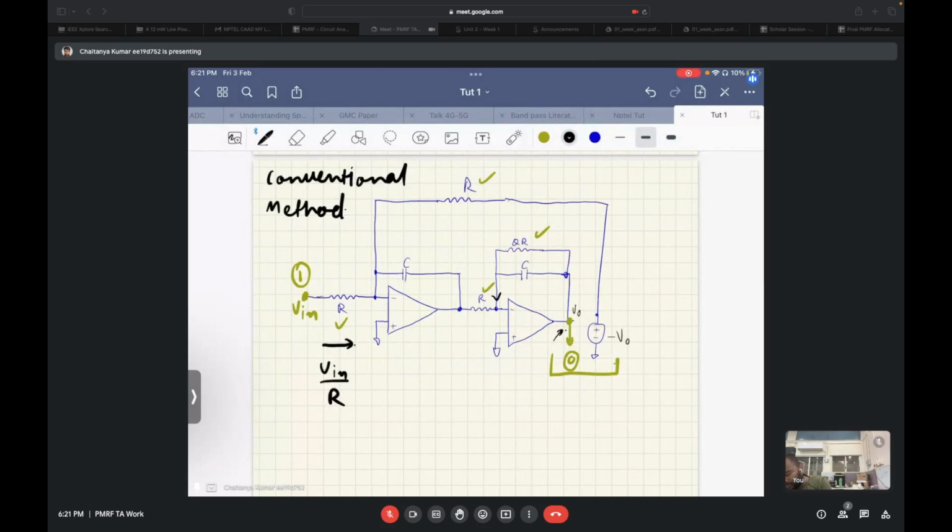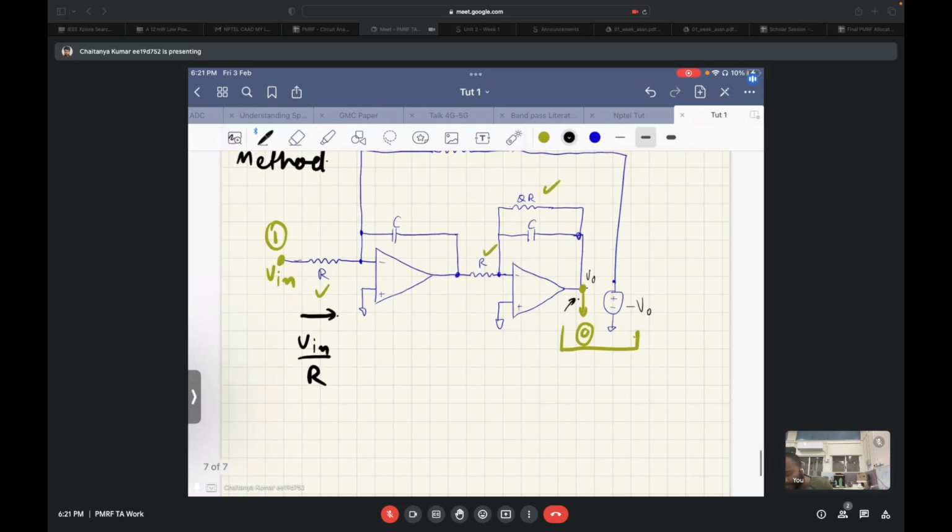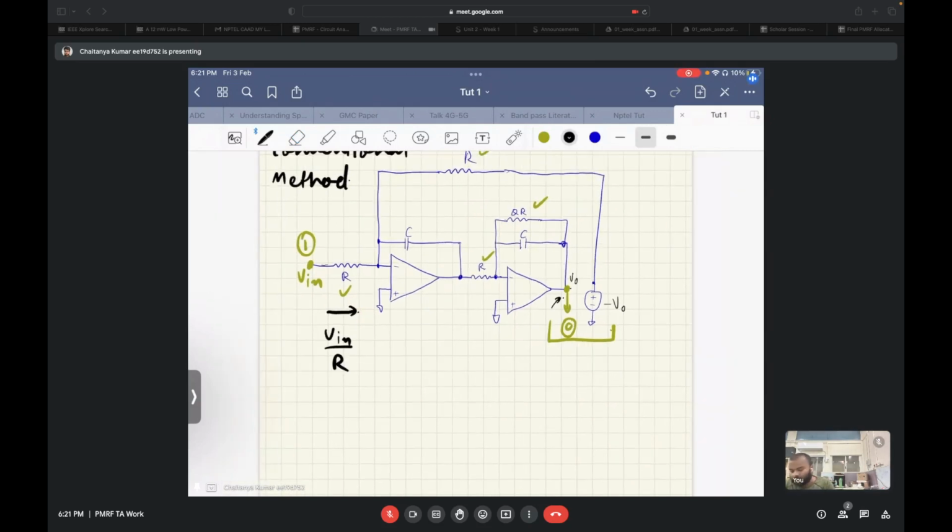Okay, let's skip the conventional part for now. I will directly write the transfer function from input to output. You guys can do the math for the conventional part.